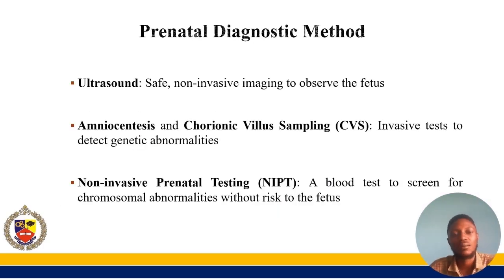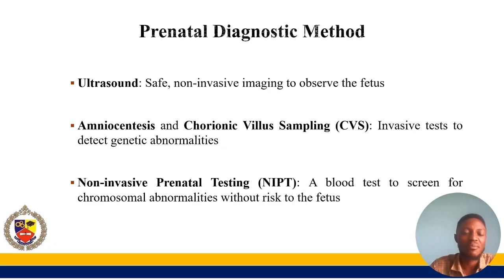Let's look at the prenatal diagnostic methods. There are some tests or ways of knowing that there is something wrong with the fetus, or something wrong with the embryo, or something wrong with the baby while you are still inside the uterus.